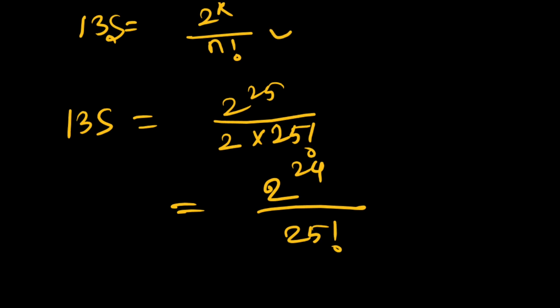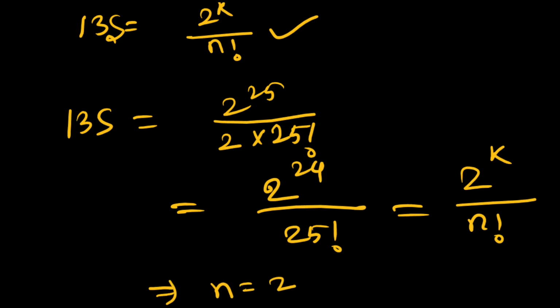Given that 13s is equal to 2 to the power k over n factorial, now we match n and k. We got n equal to 25 and k equal to 24, and the question asks the value of n plus k.